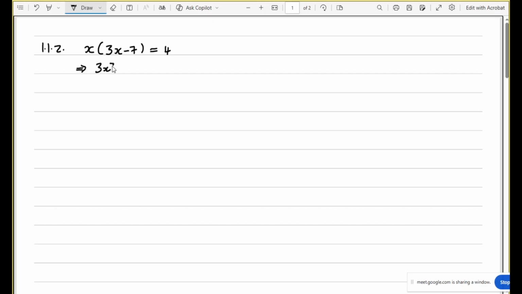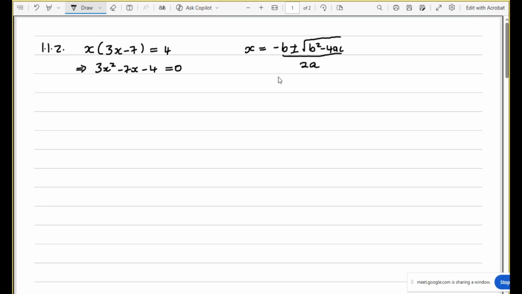This is 3x squared minus 7x. Then we bring the 4 to this side to be negative and equate everything to 0. So the quadratic formula is minus b plus or minus the root of b squared minus 4ac, and everything is divided by 2a.